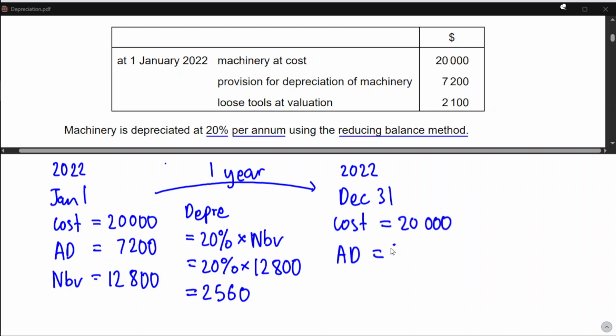So you get 9,760. And the net book value will be equal to cost minus AD. So you get 10240.